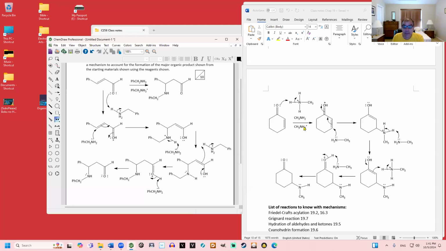And instead of methylamine and methylammonium, we use benzylamine and benzylammonium. But the mechanism is identical, same arrows pointing to the same places. And so just let me make sure I'm not leading you astray. Yep, everything looks good. And we saved the easiest one for last.